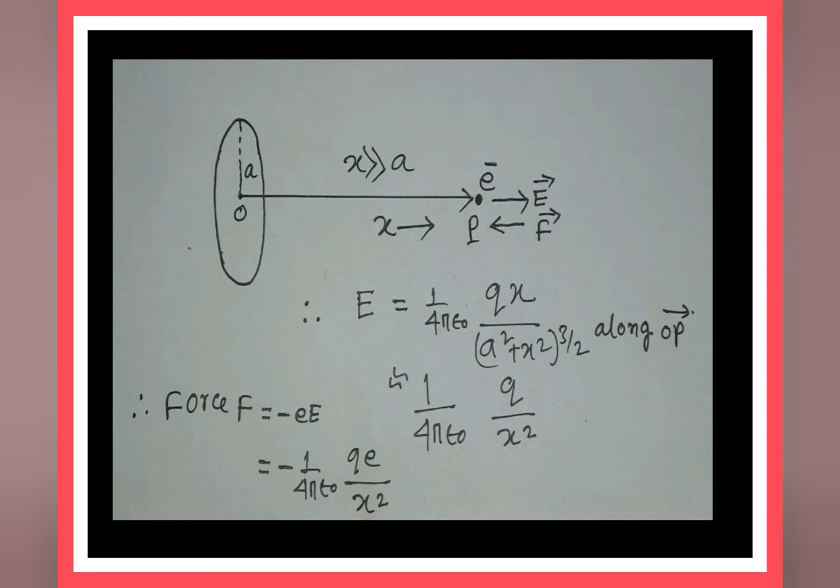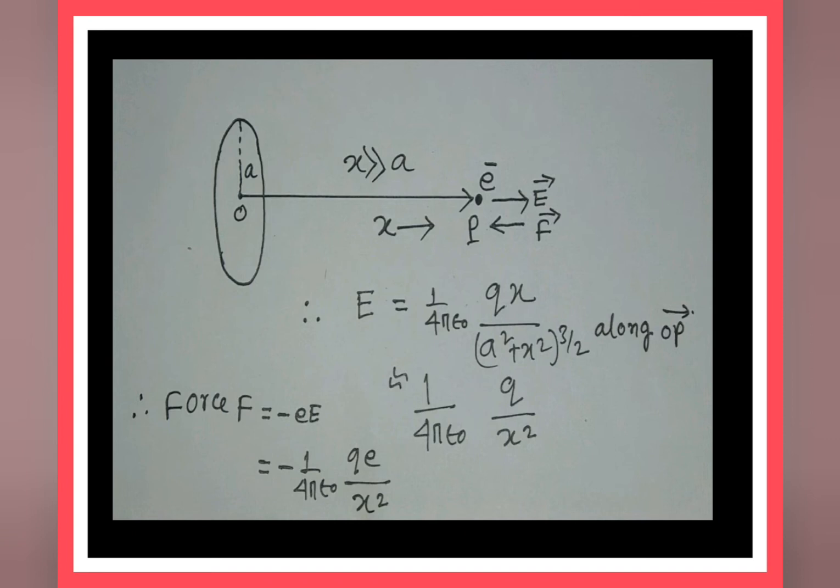and this force is directed towards the center of the ring. Therefore, the electron moves towards the center, and when it reaches the center, the force is 0. But due to its motion, the electron crosses the center of the ring. When it crosses the center of the ring, the direction of the force is reversed.